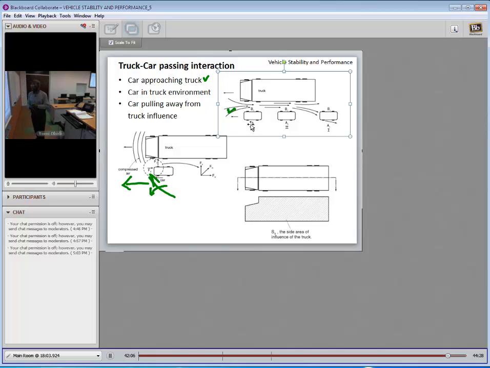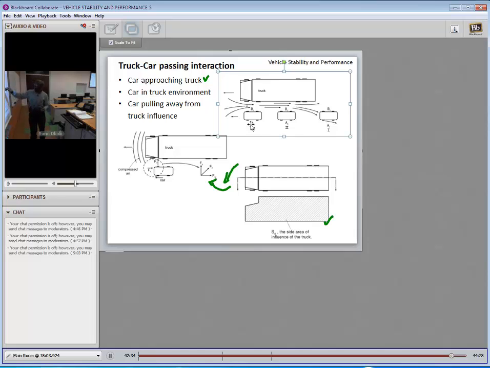And this has been observed many times. Over several years, this has been done. This has been tested. So again, what do we have? As the car is approaching the truck, the car is essentially pushed away from the truck, and the driver has to do this so they can go straight. In the region of the truck, this is a side area influence of the truck.